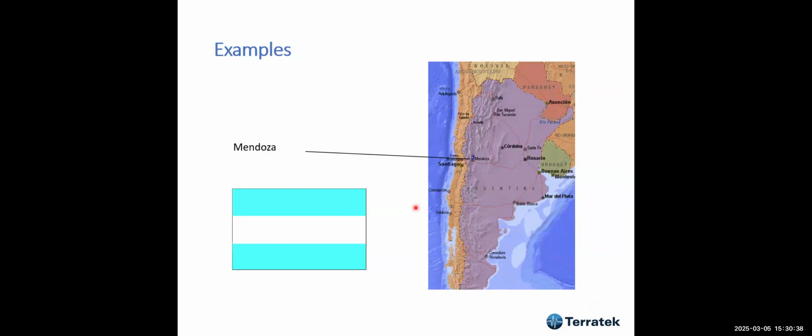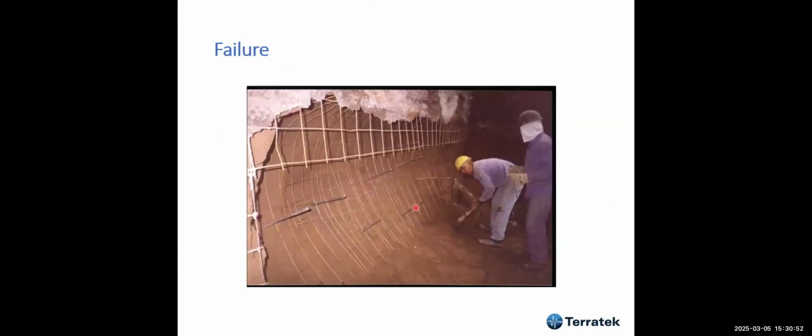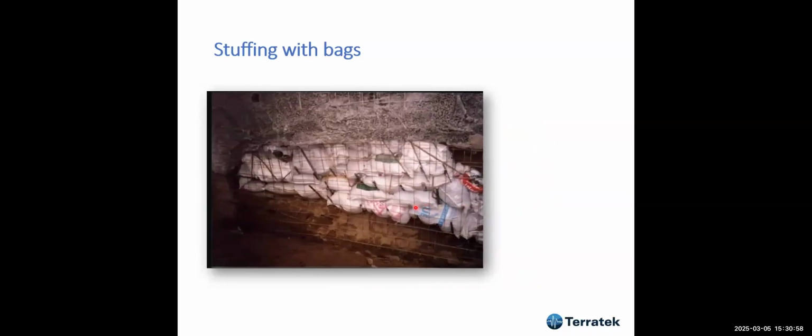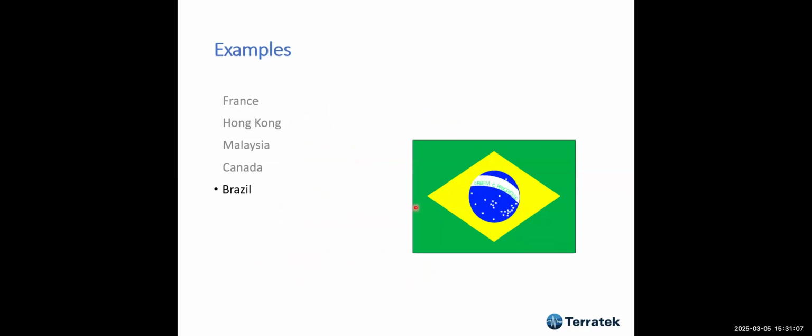I have done some work in Argentina as well, and this is a project that failed before I visited the site, due to excavation, etc. And this is a soil nailing wall, and it failed during construction, and I came up with this solution with filling with bags and then shotcreting it again, no problem. And some examples in Brazil, of course.